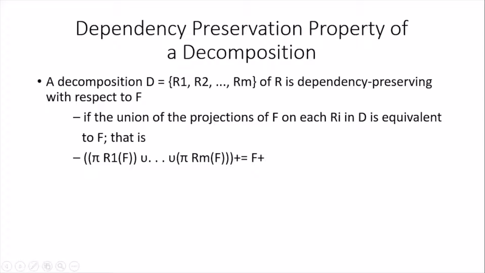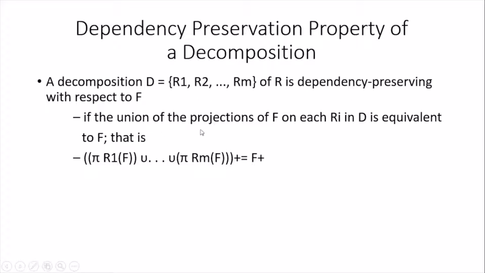What are you expected to get here? You are expected to get F again, because you should preserve all the dependencies in the original or universal relation.